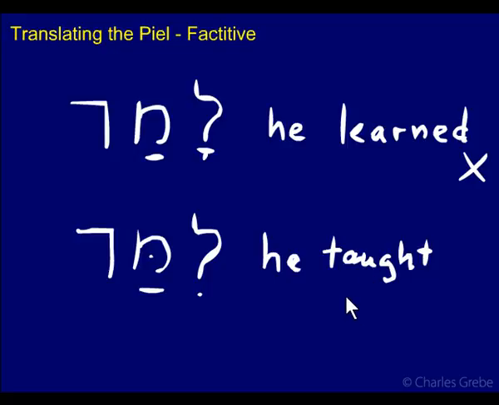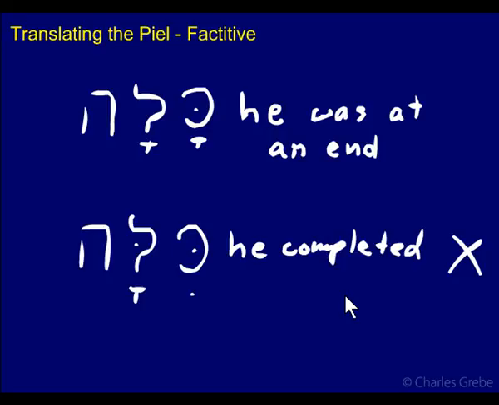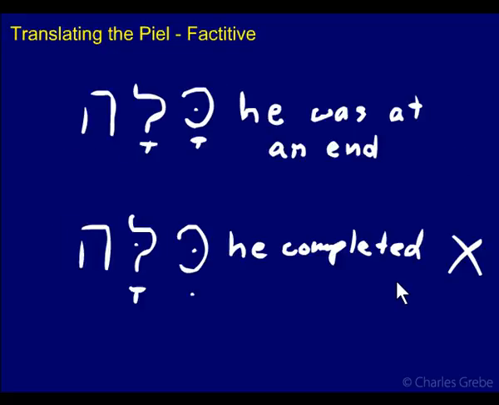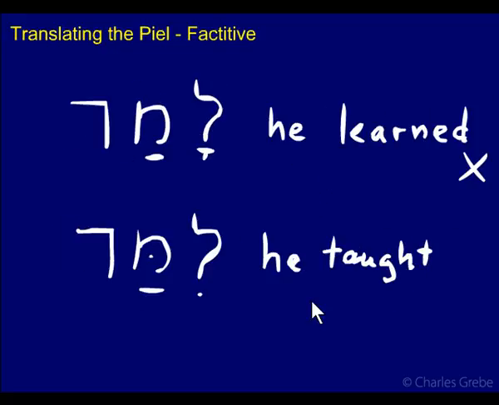Now there's a slight difference between this example and the ones I've shown you. If you go back here, he was at an end, he completed, or he was sound, he made sound. Here you have he learned, he taught. The similarity is that in both cases in the Piel you have causation happening. He caused someone to be whole, or he caused someone to be great in the previous examples. Here he caused someone to learn.